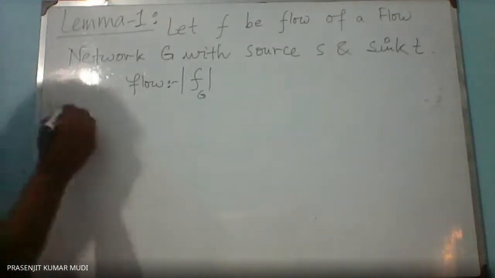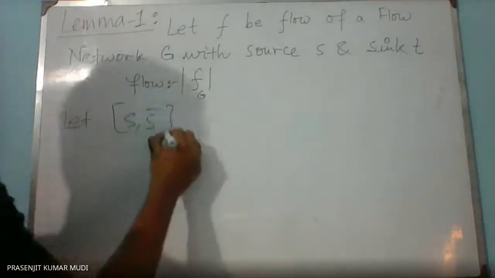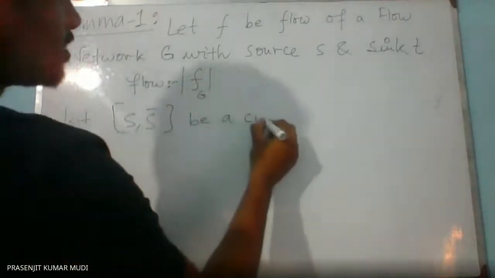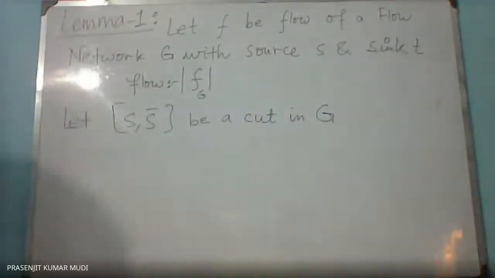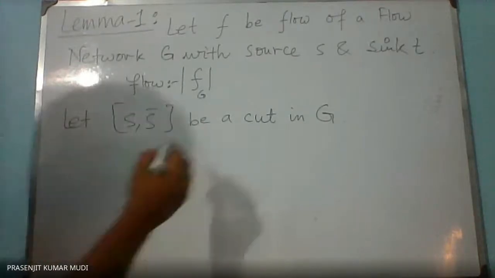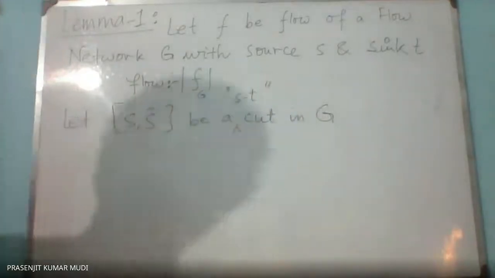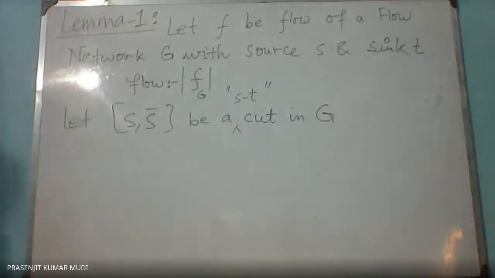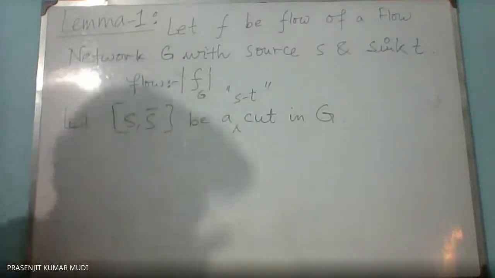Okay, now let S comma S bar be a cut in G. Okay, and it's an ST cut: vertex S belongs to S, vertex T belongs to S bar.